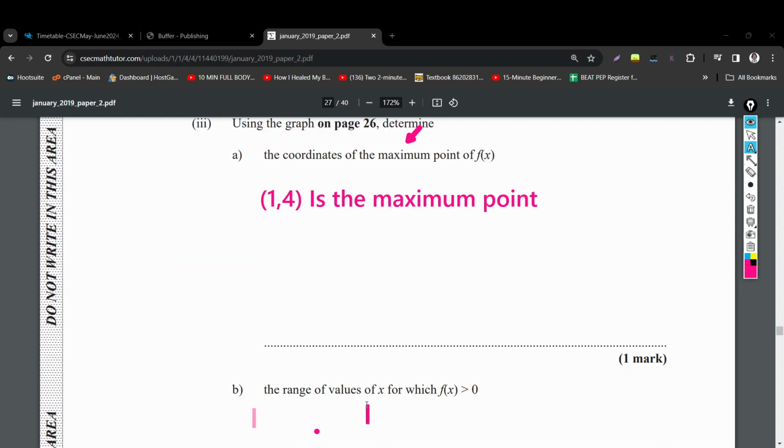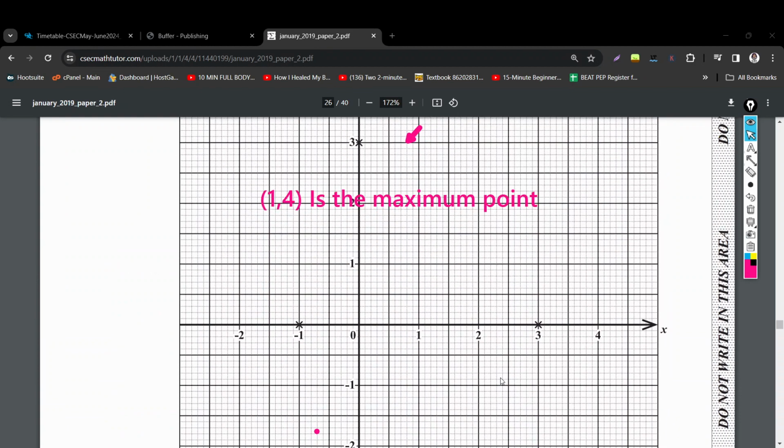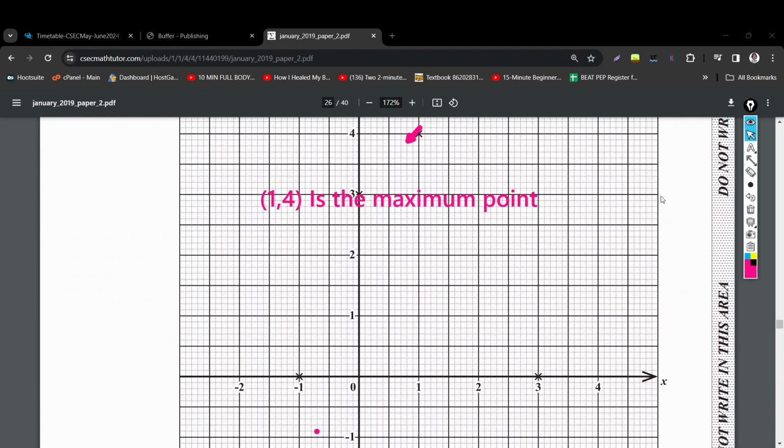And it says the range of values of x for which f of x is equal to 0. This is kind of easy too. Yes, so what we need to do now, guys, for this point where it says the range of values for x for which f of x is greater than 0, we can clearly see from the graph, guys, that if you look at these 2 points, the ones that cut the x-axis here, 3 and -1, those are the values.